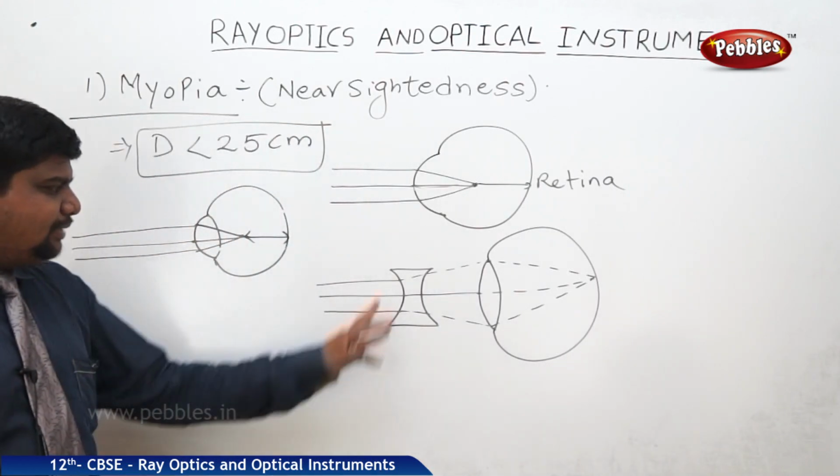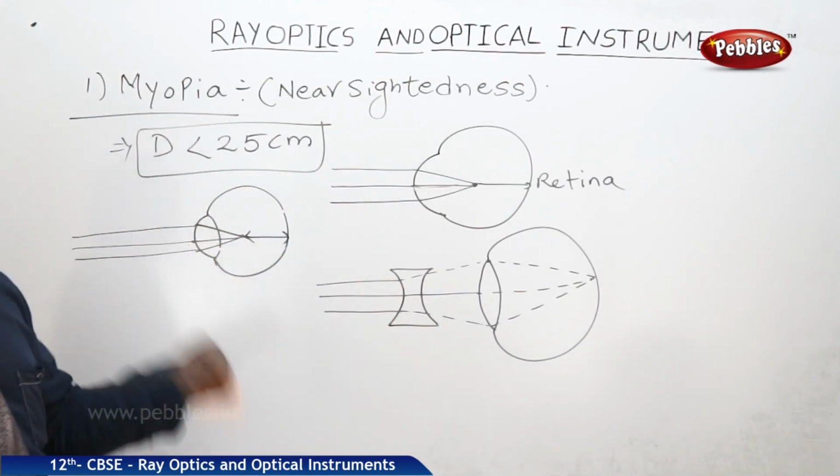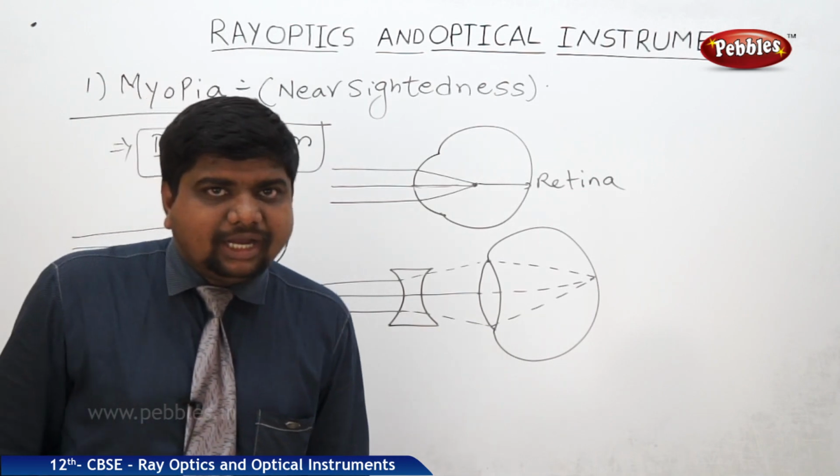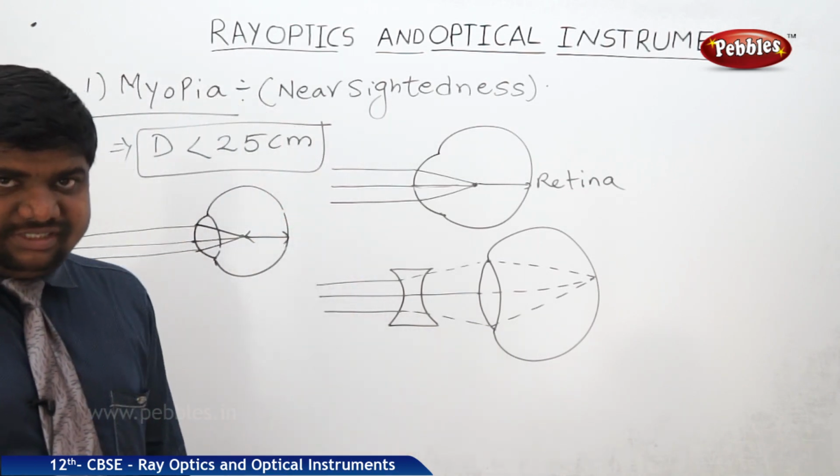So by using the biconcave lens, we can remove the defect of myopia. So this is one of the important features of this one.